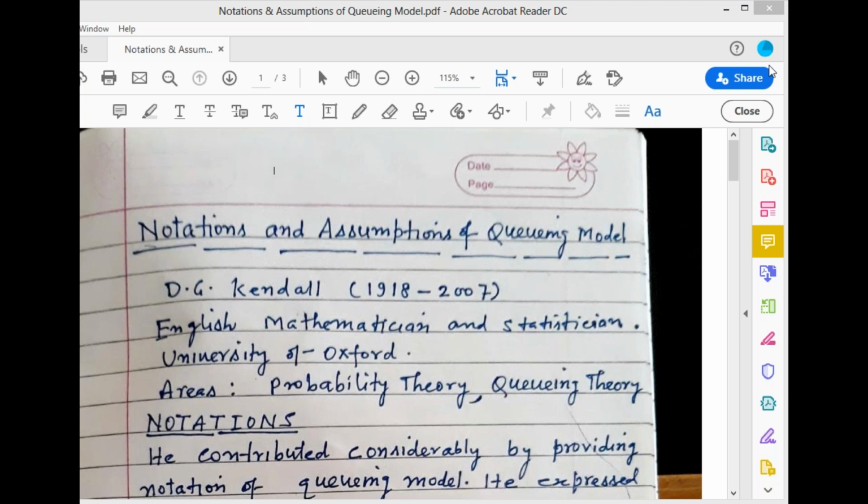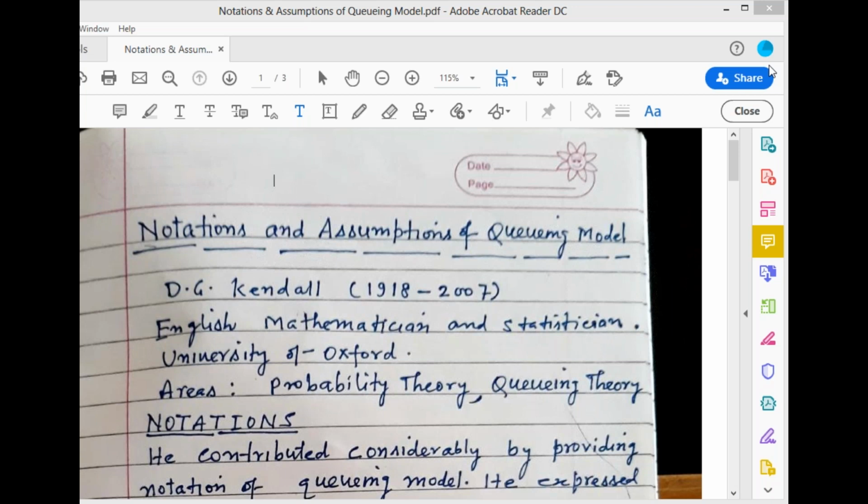But the basic idea behind this, how we represent, how we have the notations, and how the assumptions are important while developing the queuing model, is an essential aspect of the discussion. So we remember here D.G. Kendall, 1918 to 2007.